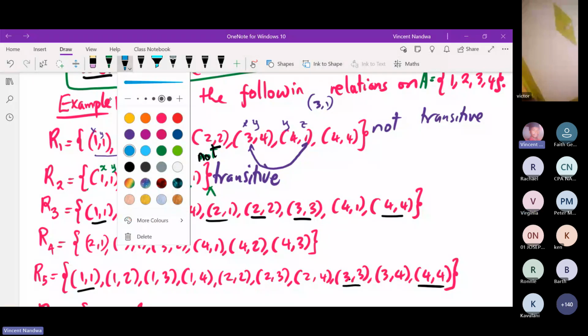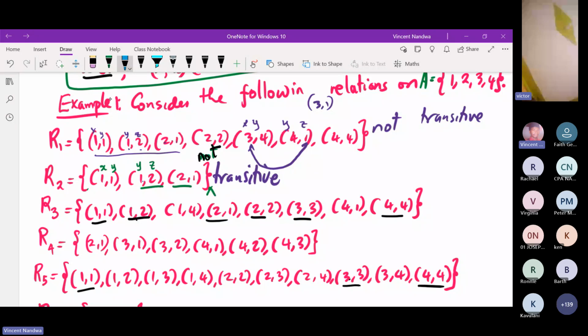A reason can be like what you're saying in R2: we have a 2,1 and we have a 1,2, but then 2,2 is not in R2, so the last element here and the first element here are matching.